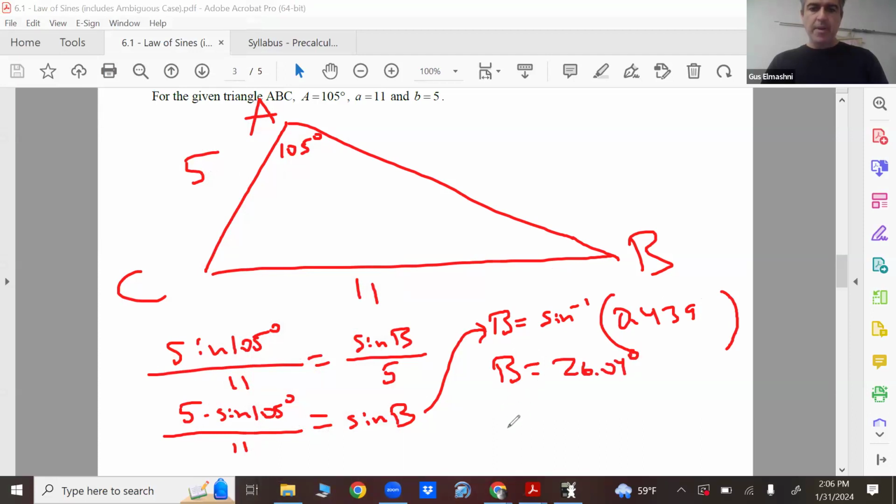All right, now we're cooking. What do you think angle C? How would I find angle C? What would I do? If I know this is 26.04. Yeah, totally, 100%. Thanks, Jack. Yeah, 100%. That's not hard.